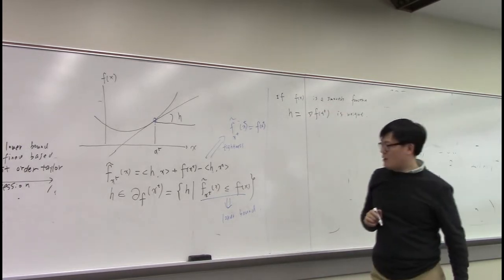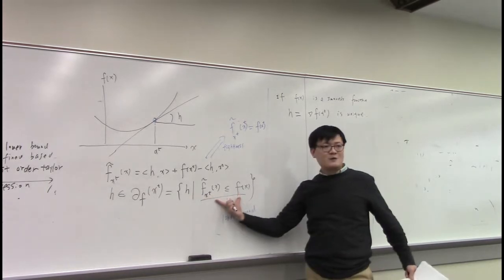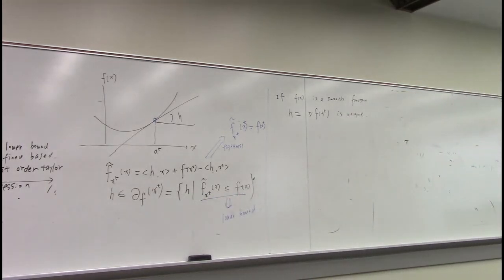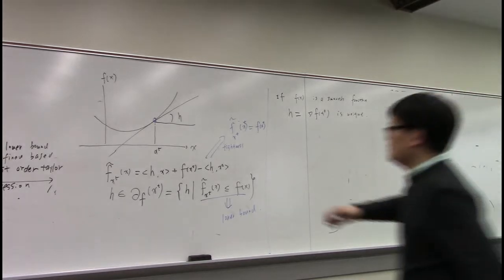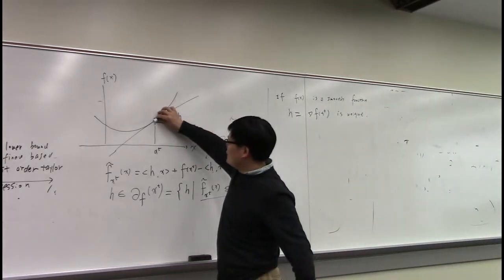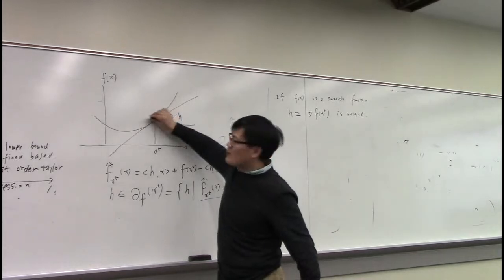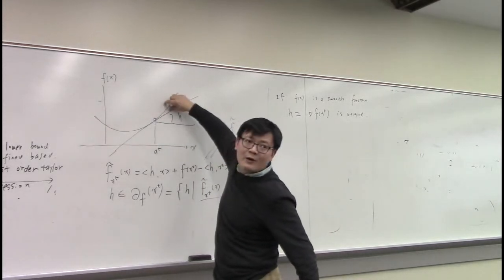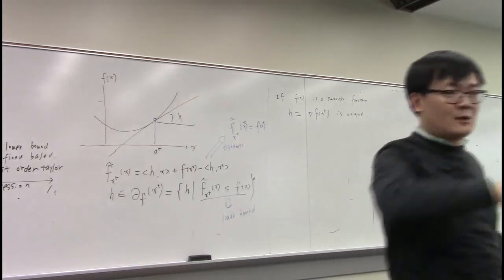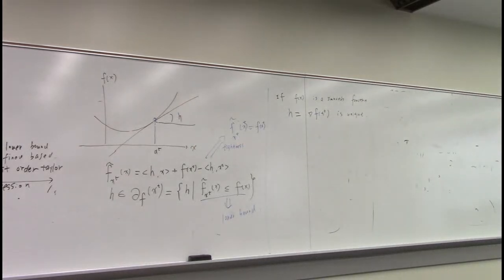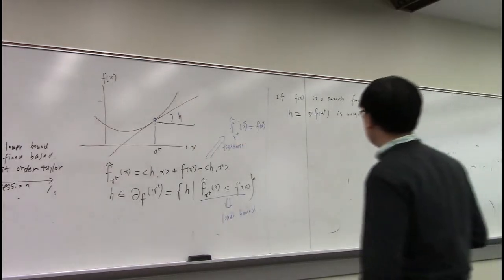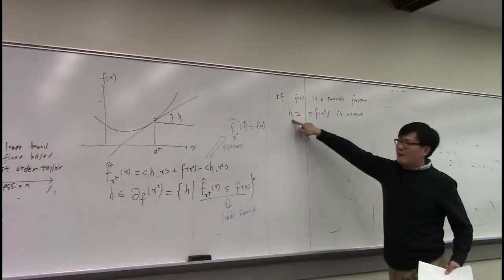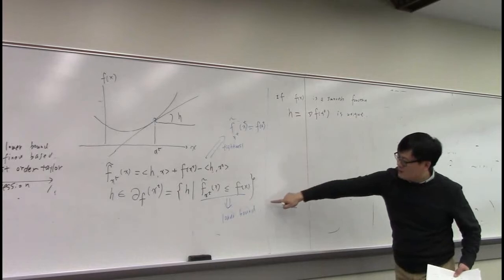Which means to find h such that this must be true, you can only find one solution, that is the gradient. It makes sense, because if you go up, you cannot, and this way, you cannot. So only one line is a lower bound. For this reason, if f(x) is a smooth function, we only have one vector h that satisfies this lower bound property.